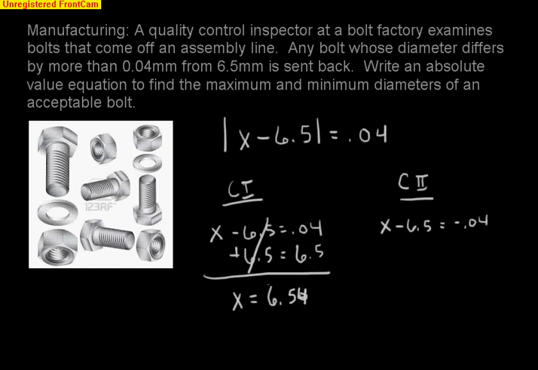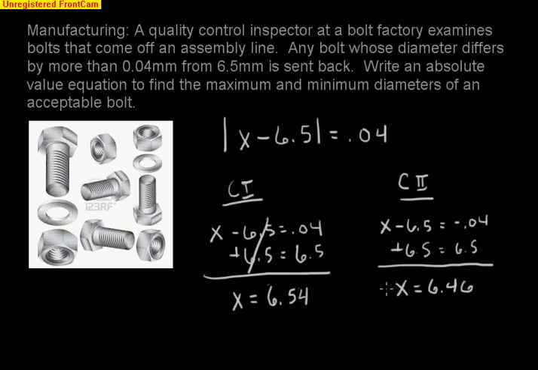Let me erase that so you can see that a little bit better. So 6.54 we'll get for that one. We'll add 6.5 here. And so we'll have here x equals 6.5, and then adding that with a negative 0.04, or subtracting 0.04, well, here we'll wind up with 6.46.